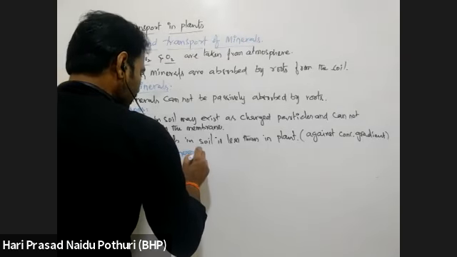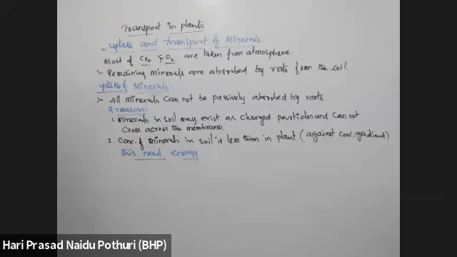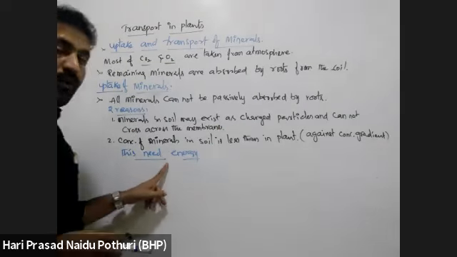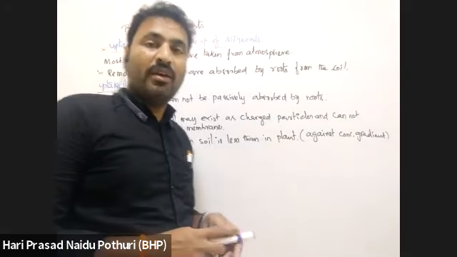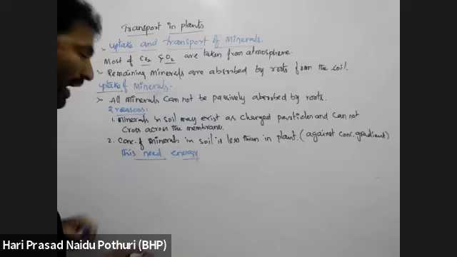What is that energy need? Two reasons. First, minerals are in charged form, so they cannot move across the membrane without some energy. And if the concentration of minerals in soil is less than in the plant, then absorption takes place by active transport.